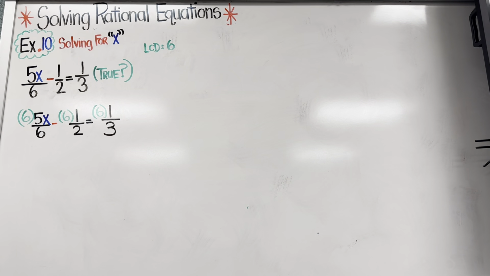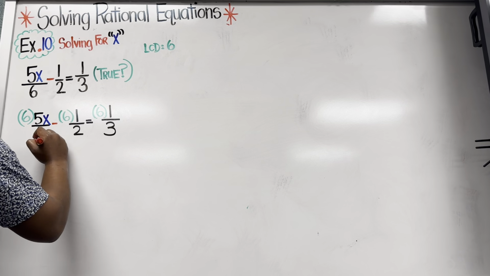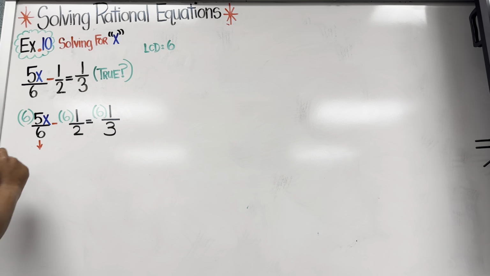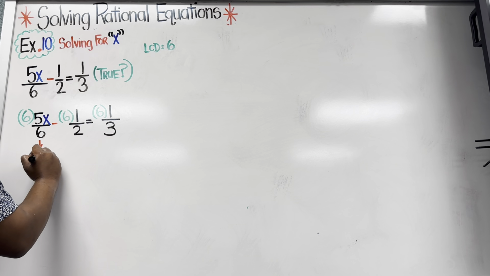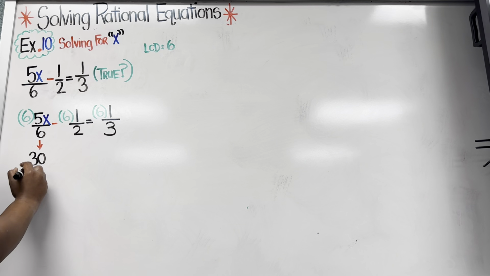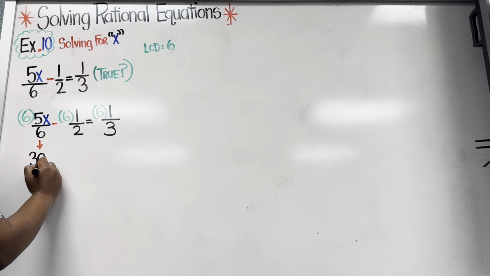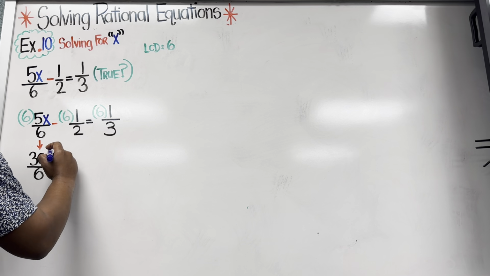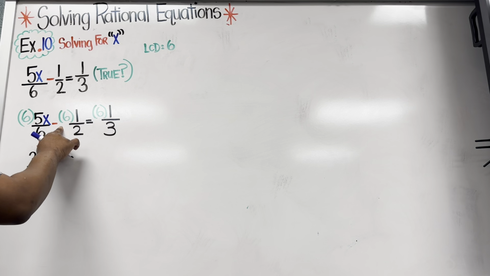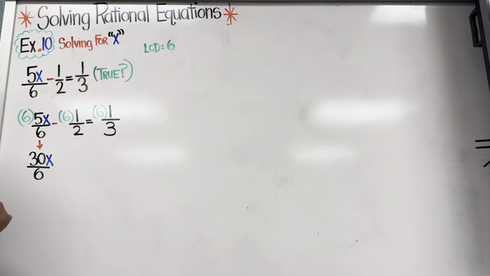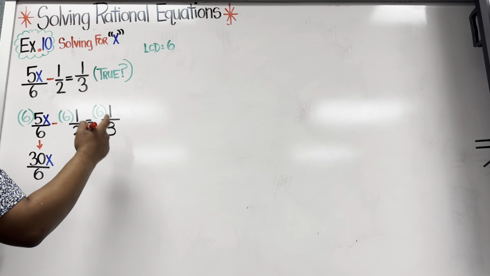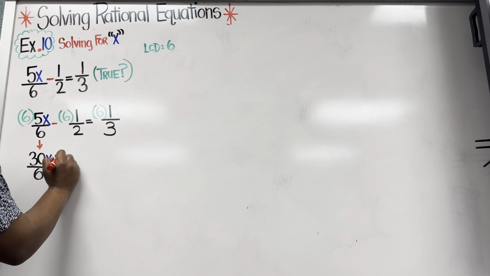Okay, now let's go ahead and continue on. 6 times 5x is 30x, so that's now going to be 30x over 6. 6 times 1 is 6, so that's going to be 6 over 2.